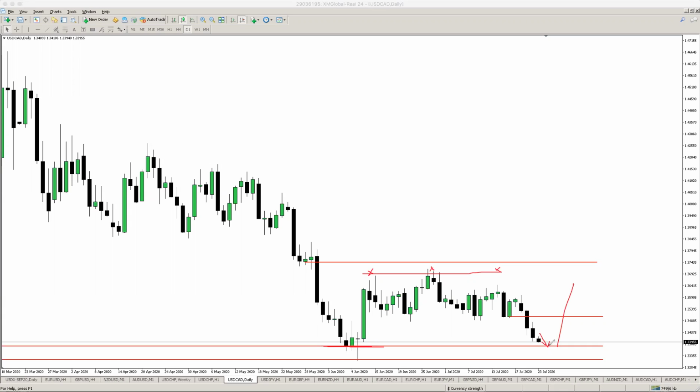What do I mean by that? I mean that they can trade down and then come and close above. But if they fail to come and close above, and let's say they give us a bearish candle, we're going to wait for the next bullish candle that we will have, which is going to be our smart money reversal.